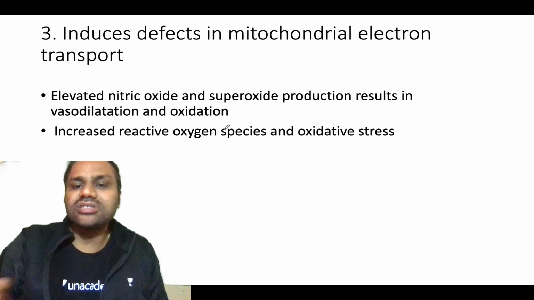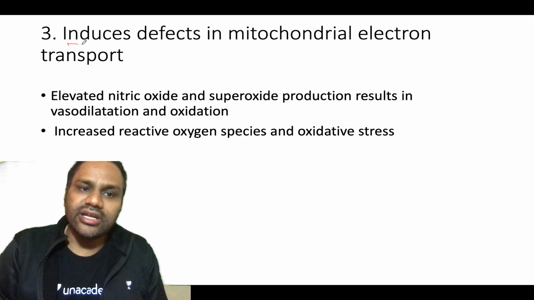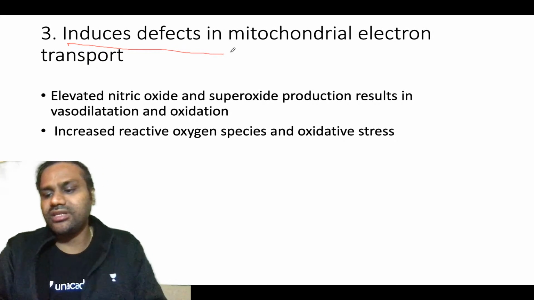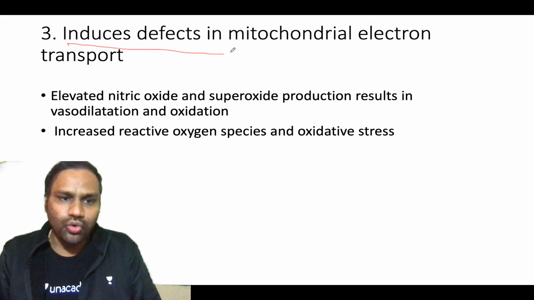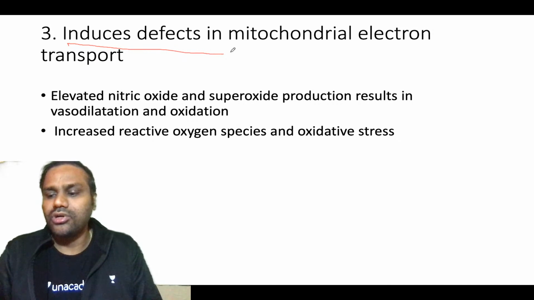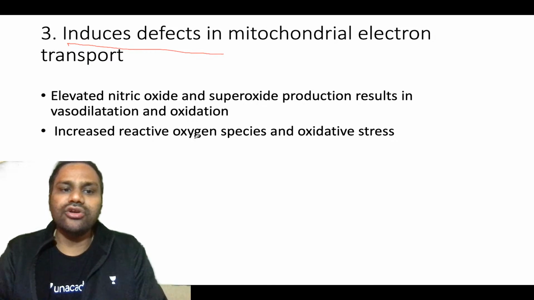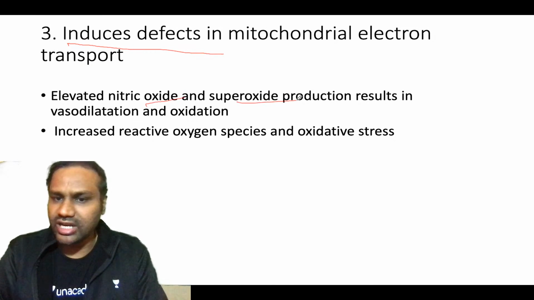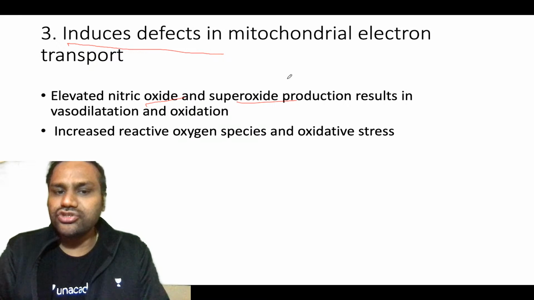The third thing hyperglycemia will do is induce a defect in mitochondrial electron transport. This increase in mitochondrial electron transport will result in elevated nitric oxide and superoxide production, so free radical injury will start happening.